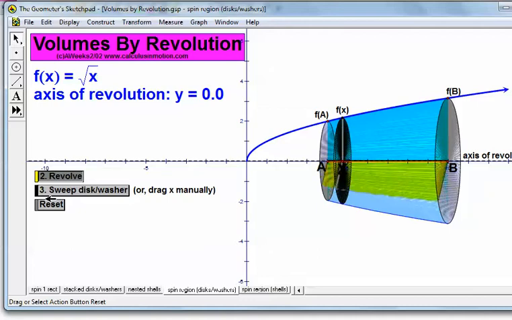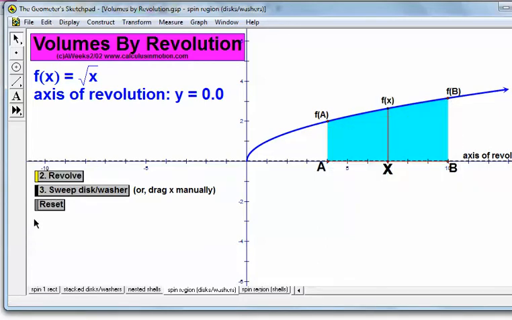Sort of cylindrical, but having various radii. Let me just stop this for a second and reset. If you think about what happens here, if I can grab this x coordinate and my stylus isn't cooperating, we can see that the radius of each of those cross sections is growing as we sweep across.